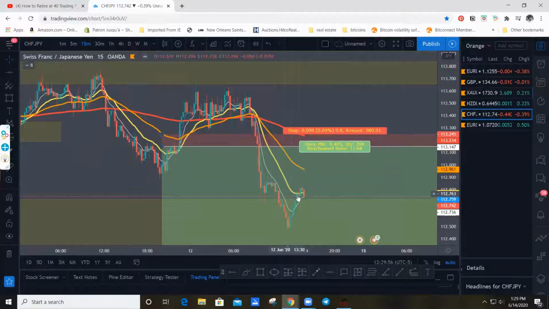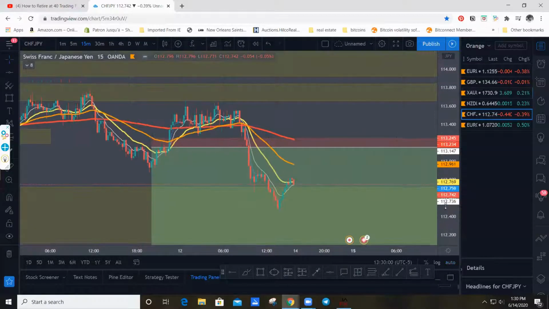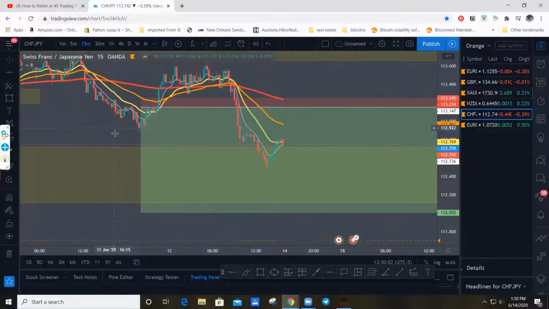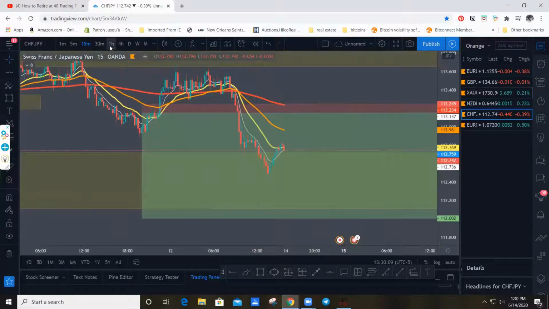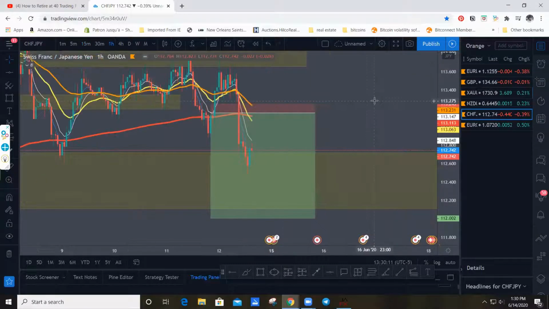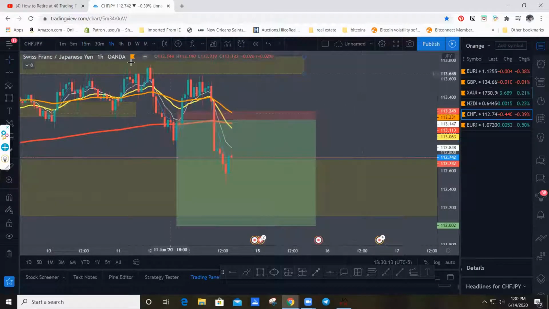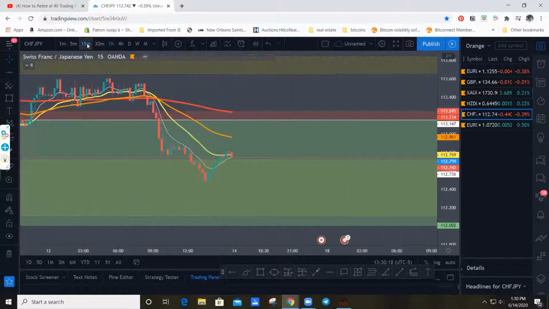So price is rejecting this right here. So we still show JPY, still look for a sell. Yeah, the engulfment on that 20. I see they had an engulfment on that 20-day moving average, right here.